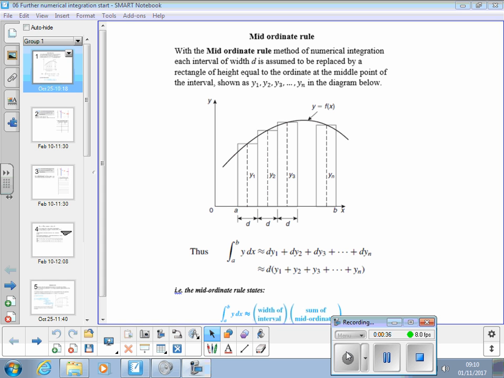With the mid-ordinate rule method of numerical integration, each interval of width d is assumed to be replaced by a rectangle of height equal to the ordinate at the middle point of the interval, as shown in the diagram. So here's an interval.